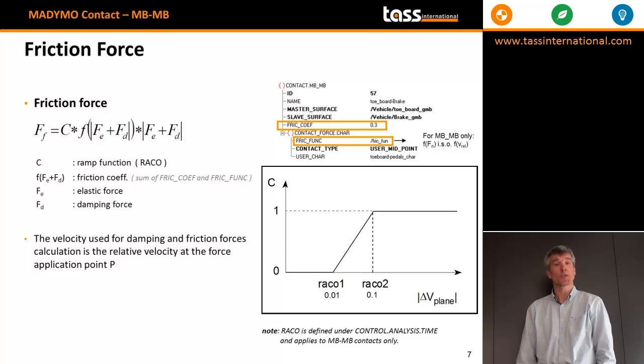It's considered as being standing still, but you're not able to define any stiction. Then gradually from RACO 1 to RACO 2, the value C is increased to 1. If the velocity is higher than 1/10 meters a second, it gets the full frictional force.